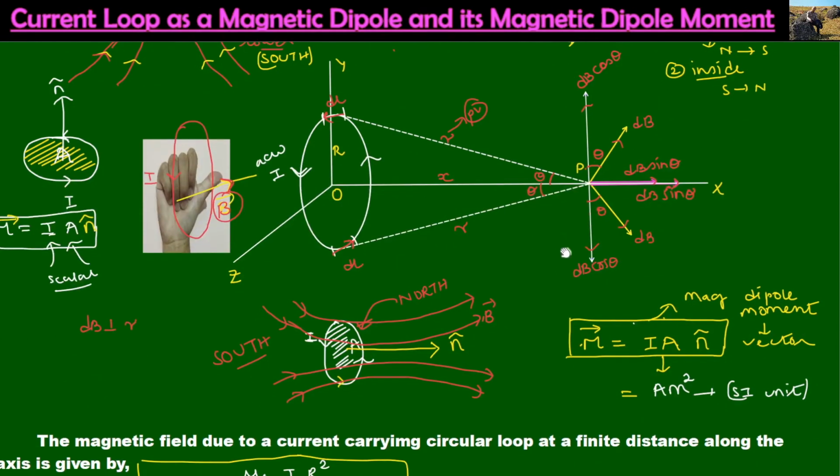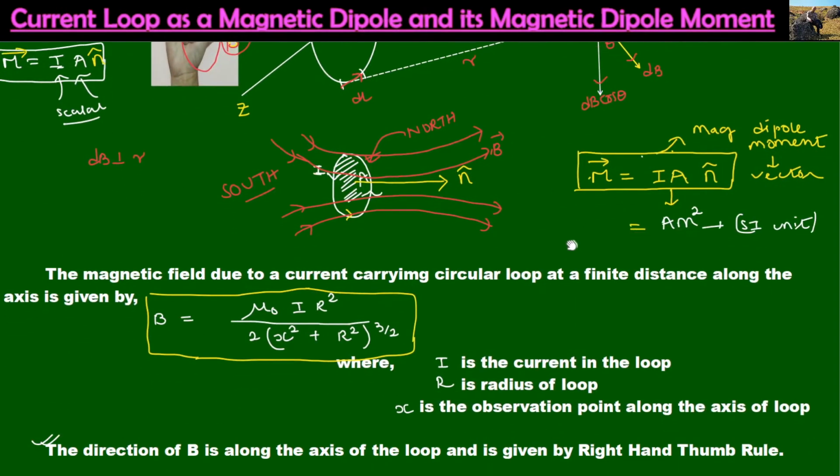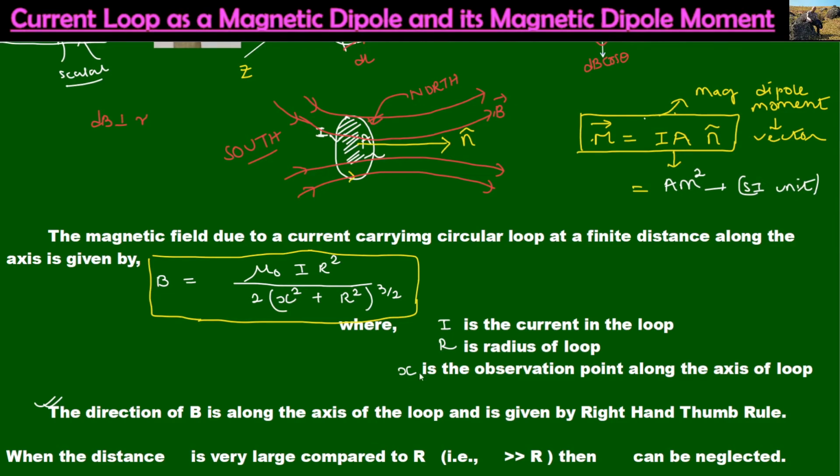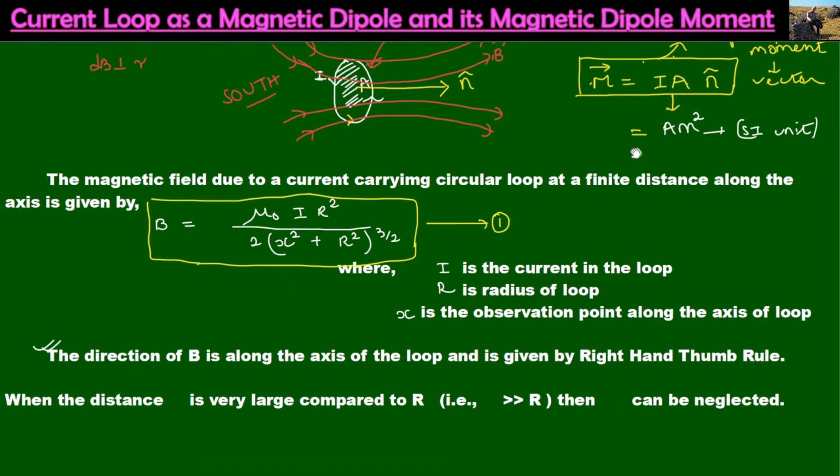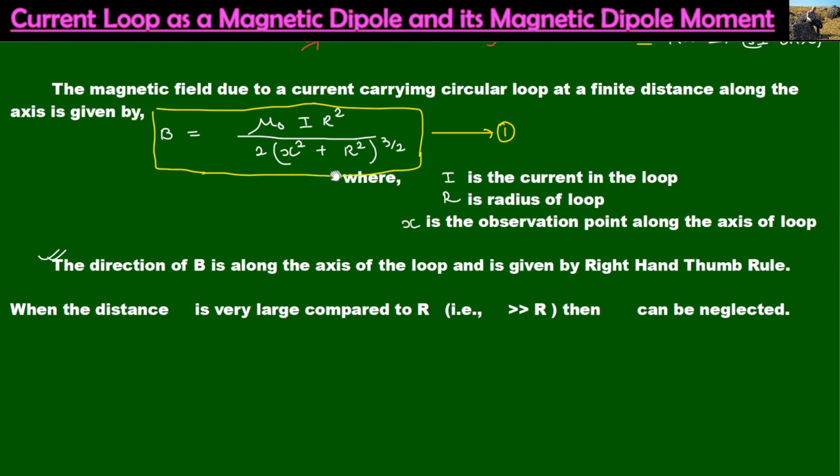So this is the main formula, step number 1. You have to know this equation; I will mark it as equation number 1. Then equation 2: in order to reduce the magnetic field of the coil, we will put in certain assumptions.